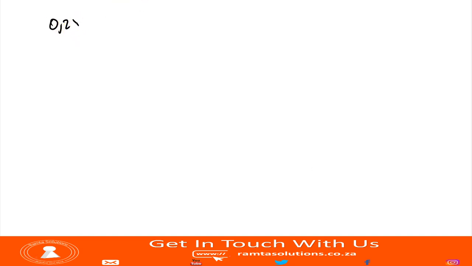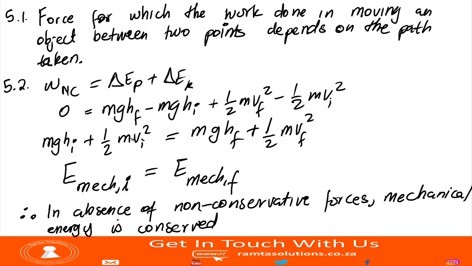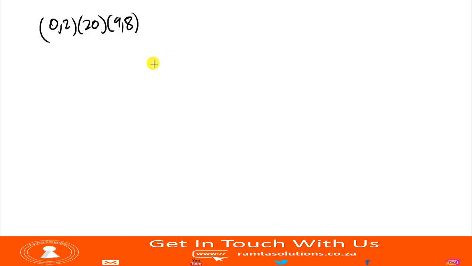The child weighed 20 kilograms. Gravitational acceleration is 9.8, and the distance is what we are looking for. They didn't call it delta x, they called it x, and I believe it is capital X, so I'm going to write capital X.